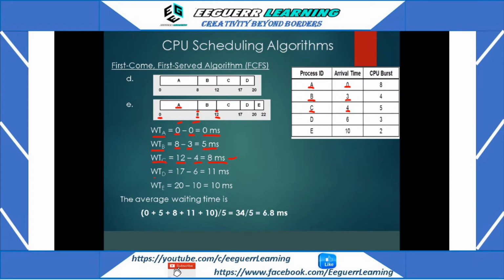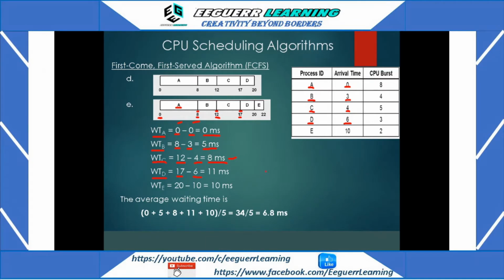Let's continue with the waiting time of process D, and let us look at the tail of letter D in our graph. Let us get the value of 17, the tail of letter D, and place it here, and look at the letter D arrival time, which is 6, and place it here.